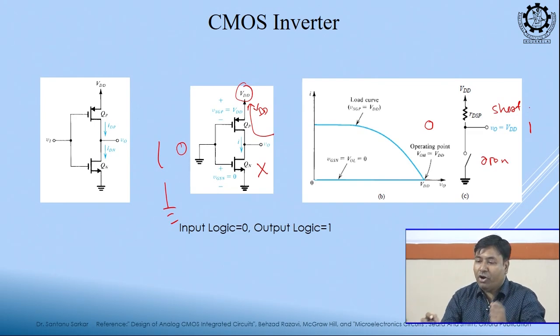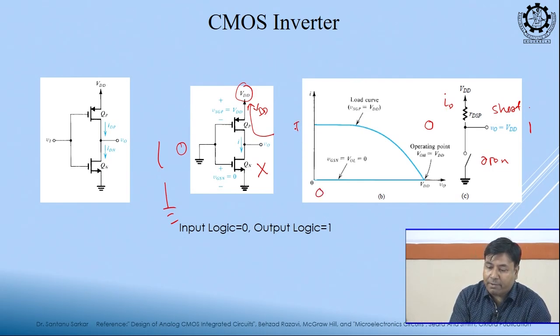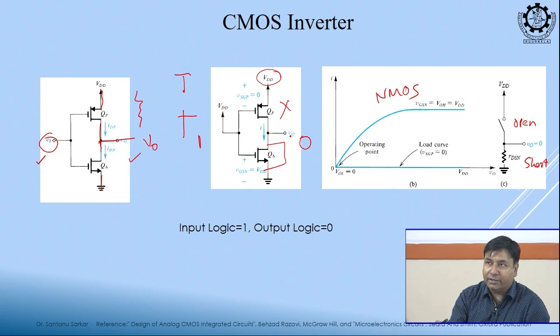Now, if we draw the current of this PMOS, when input is 0, current will be maximum, and when input is VDD, this MOS will be off, current will be 0. So, its ID versus VGS is just opposite to that of NMOS.